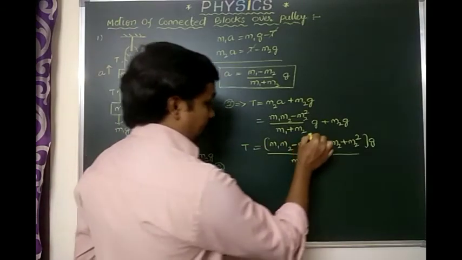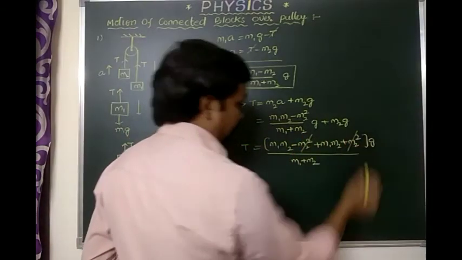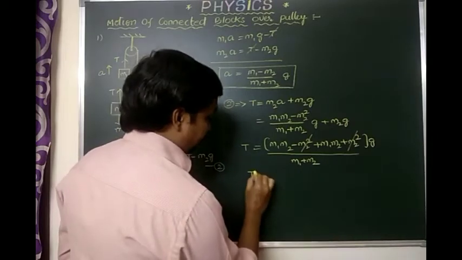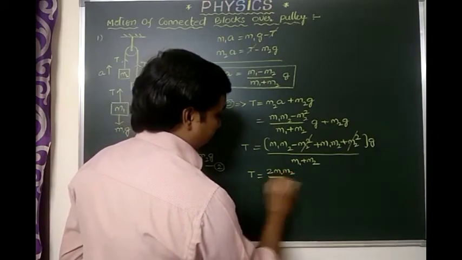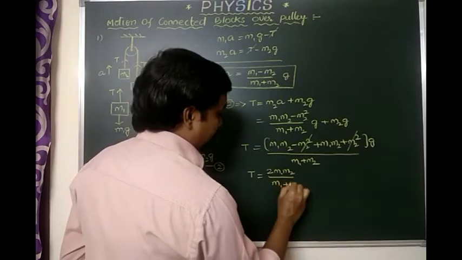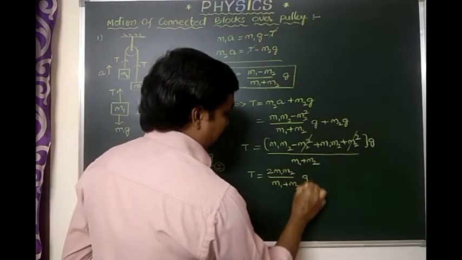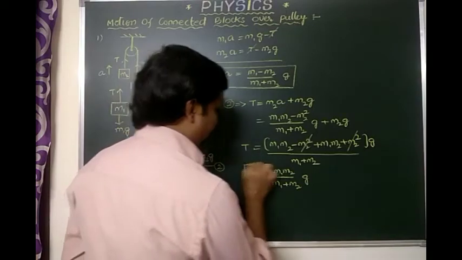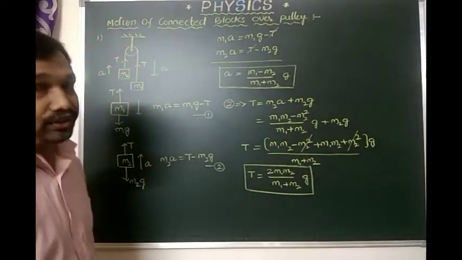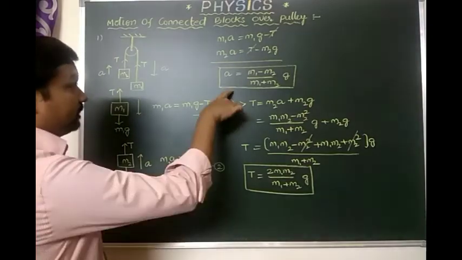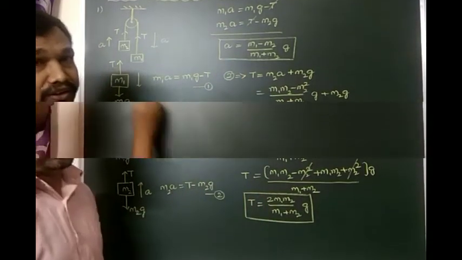So here m2 squared gets cancelled, and we get the tension T equals 2m1m2 by (m1 plus m2) into g. This is the acceleration and this is the tension in the string.